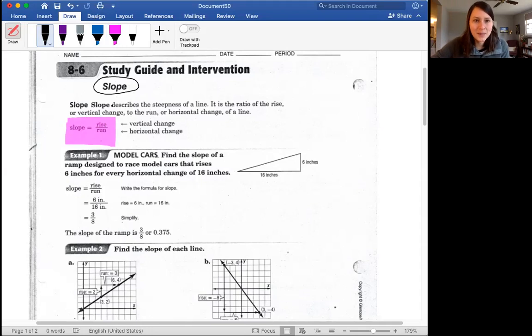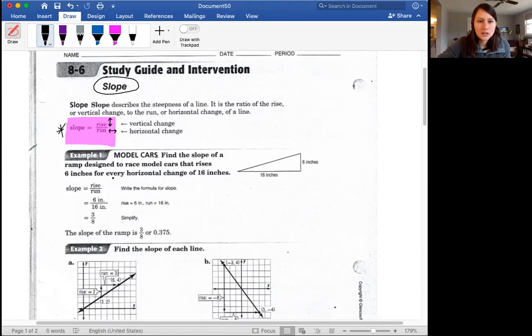The reason is because rising is going up and down, and when you're running across a field or the ground, you're going horizontally, right? You don't run vertically, you run horizontally. So if you want to write this down or star this, the slope is equal to the rise, how much something is changing up and down, over the run, how much something is changing left and right, horizontally. So the rise over the run.